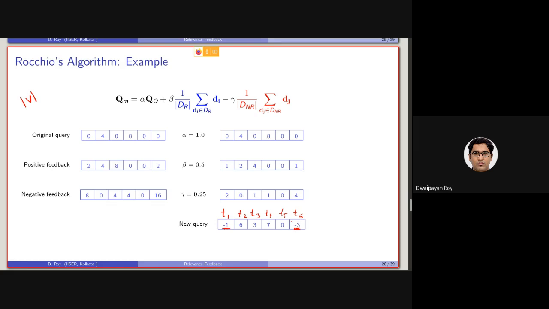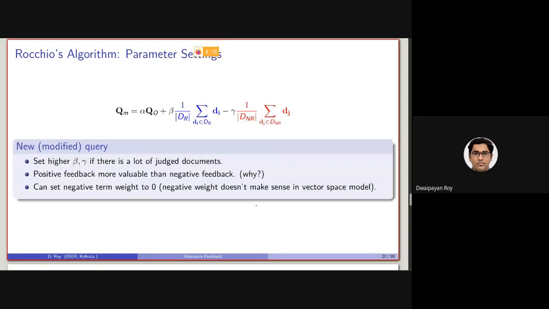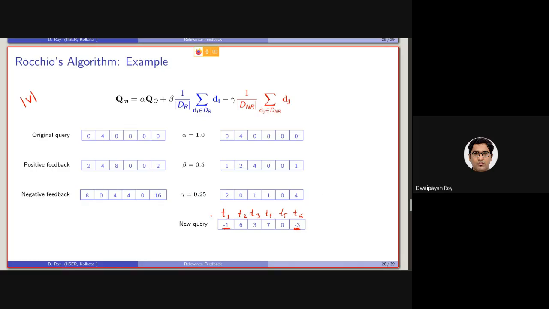Now in vector space, as we have discussed, as we have pointed out here, a negative weight doesn't make any sense in this vector space model. So here, this actually doesn't make any sense. So what we'll be doing is basically making their weights 0.